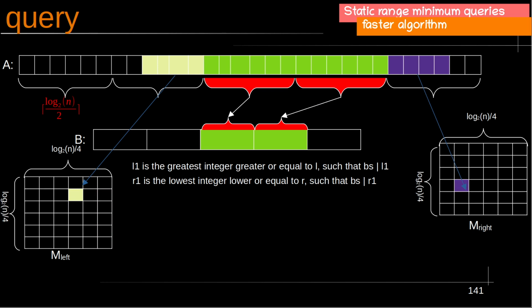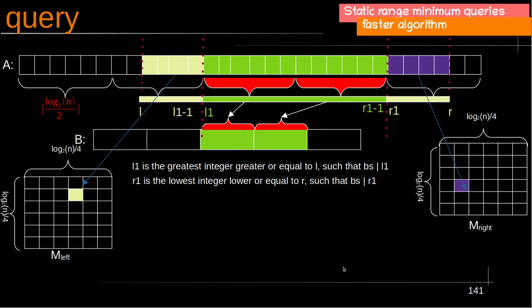How to query now? As we have said earlier, we will use this array of blocks B to pre-compute all these blocks in constant time using the sparse table of the array of blocks B. And for this part of this block and this one, we're going to use the pre-computed answers, the 2D array of each type.